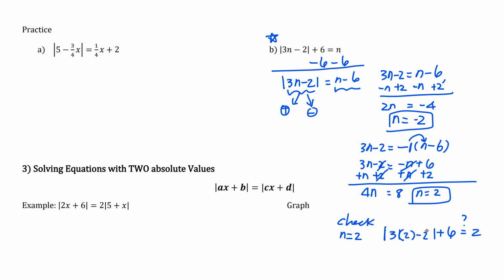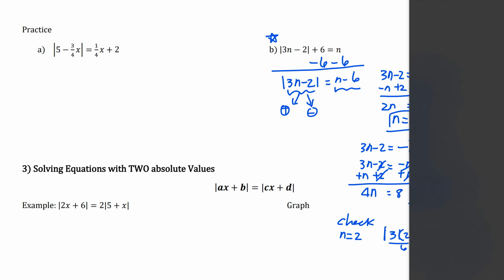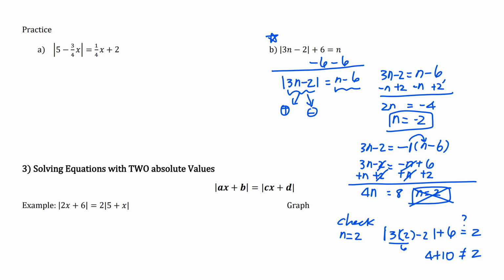So 6 minus 2 gives you 4 plus 10. That is not equal to 2. So when n is 2, that's not the answer. So, sorry.